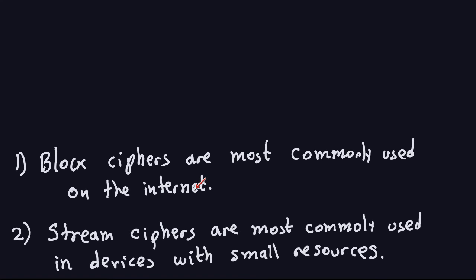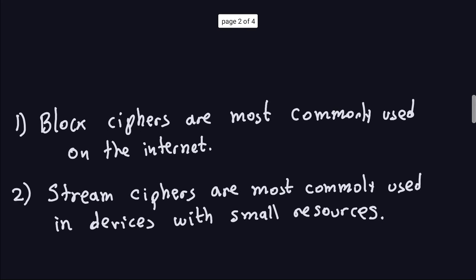That doesn't mean that there are no stream ciphers on the internet. There are some stream ciphers. And stream ciphers are most commonly used on devices with small resources, like, for example, cell phones. Remember that I talked about the cell phone network, that your voice is going to be encrypted, and that process is done by a stream cipher.